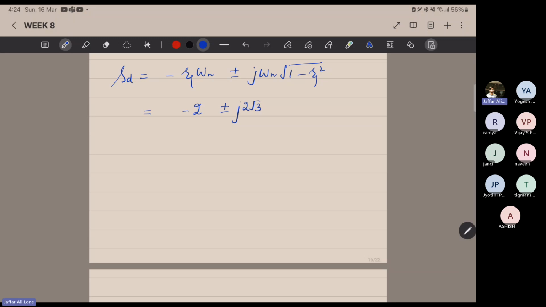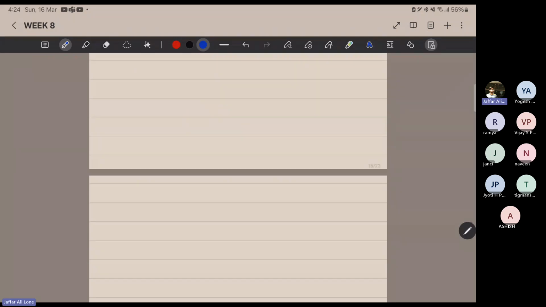Does anybody have any doubt until here? Well, let's draw the root locus.